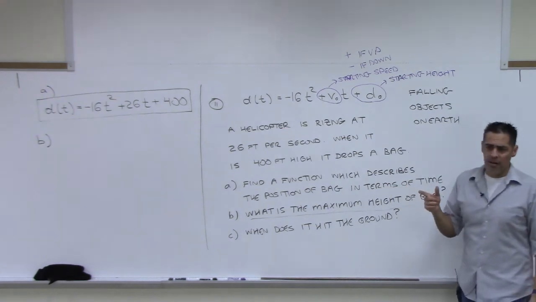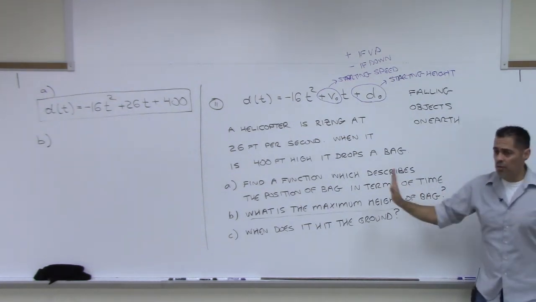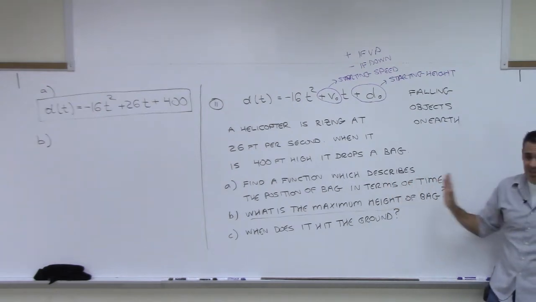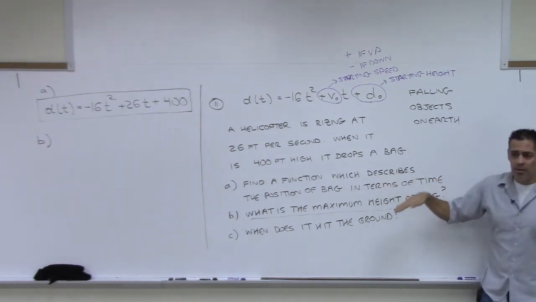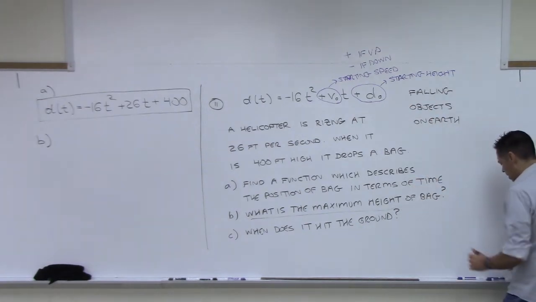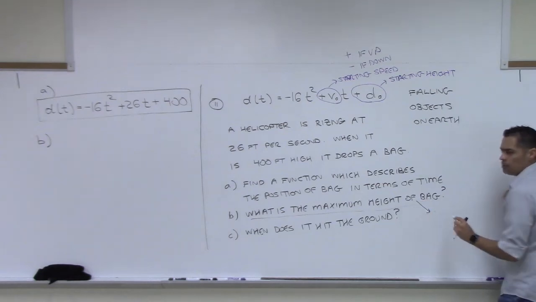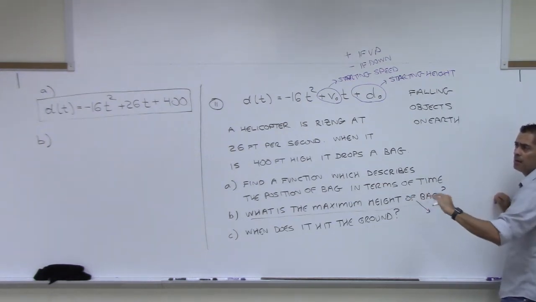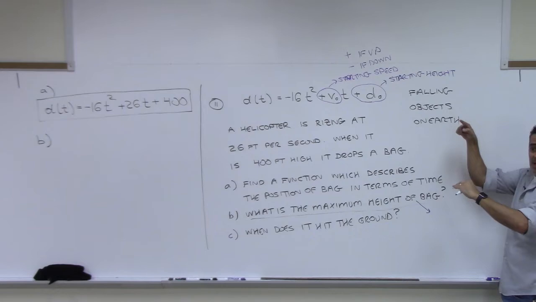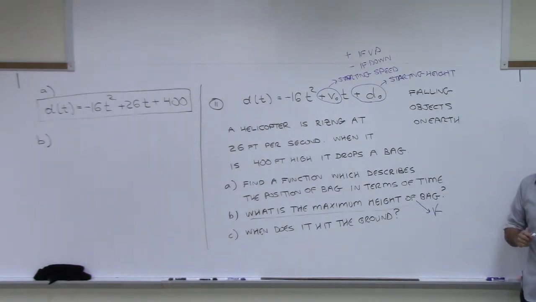The vertex, right? And there was an h and a k. The h always told us left and right, and the k always told us the up and the down. So part B is really asking us for what part of the vertex? H is left and right, k is up and down, and we want to know the maximum height. So we really want k from the vertex.